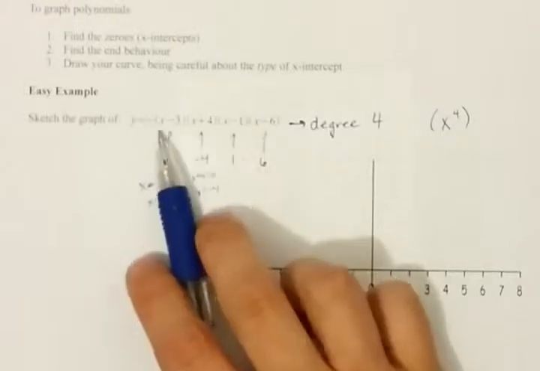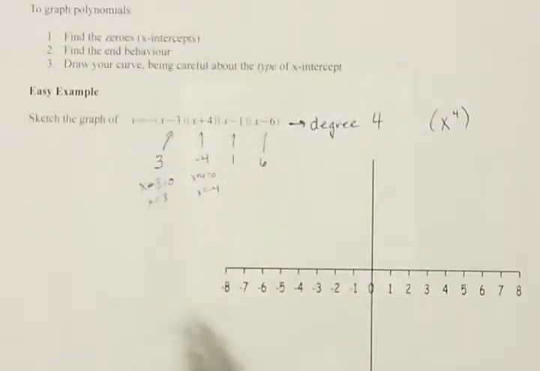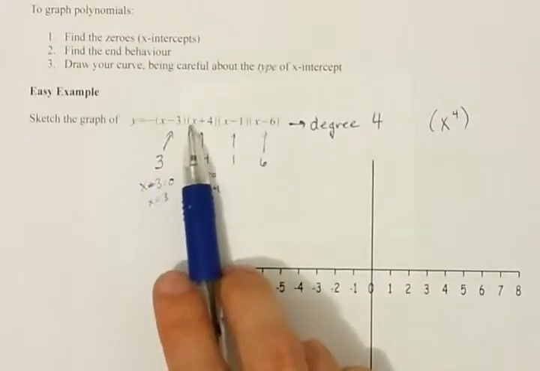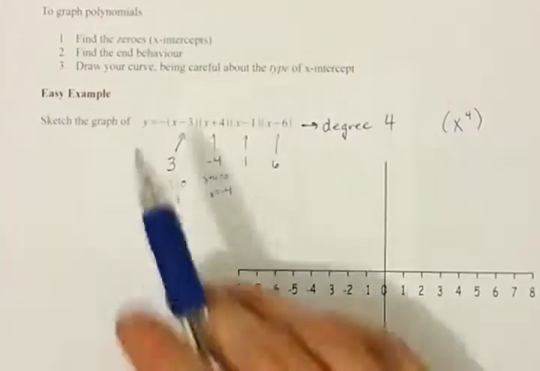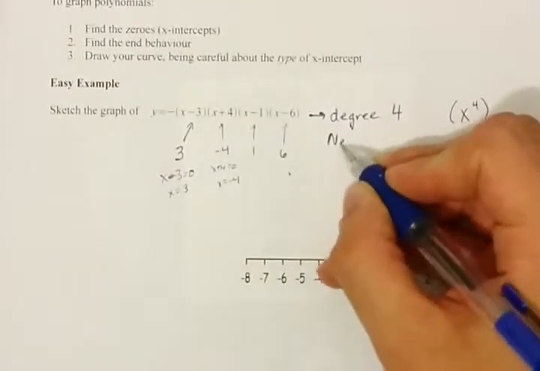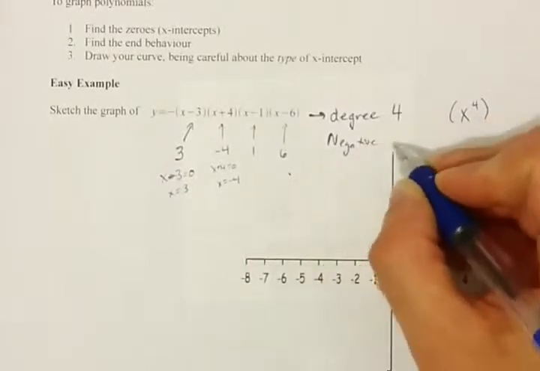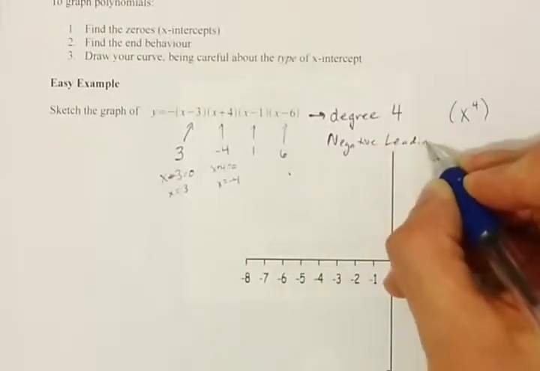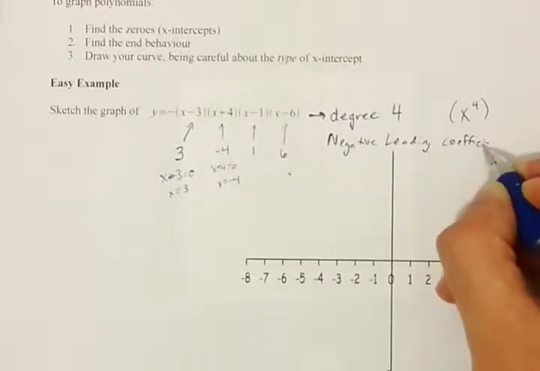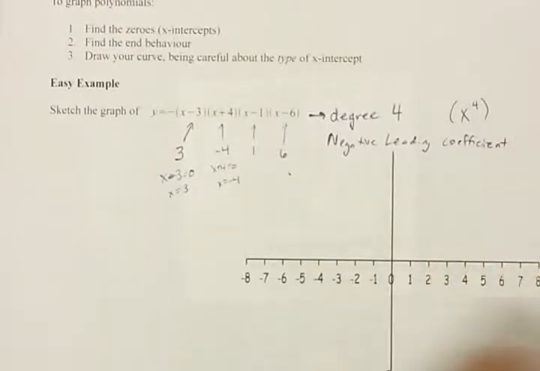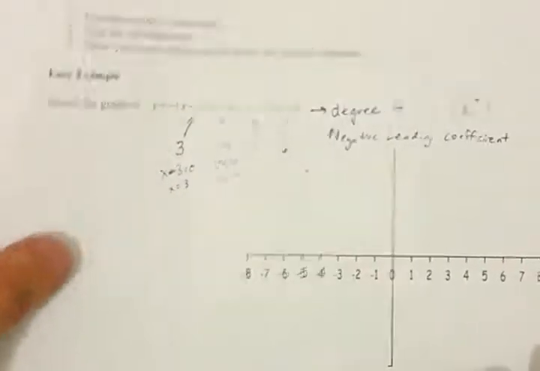Sometimes they'll throw tricks in here, like a negative in front of the x. But here, it's all positive x's, and then a negative out front. That negative out front means I'm going to have a negative leading coefficient. Negative leading coefficient, which means it's going to open down in both directions.